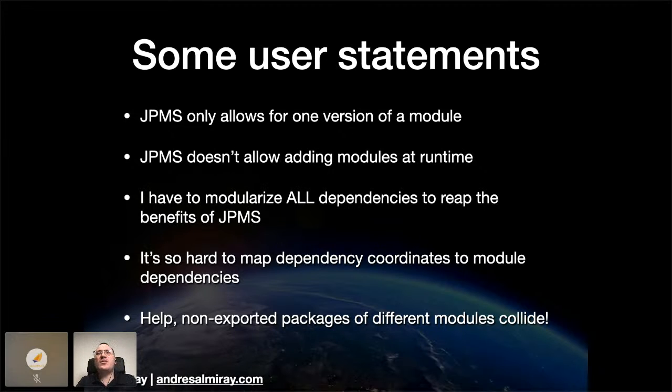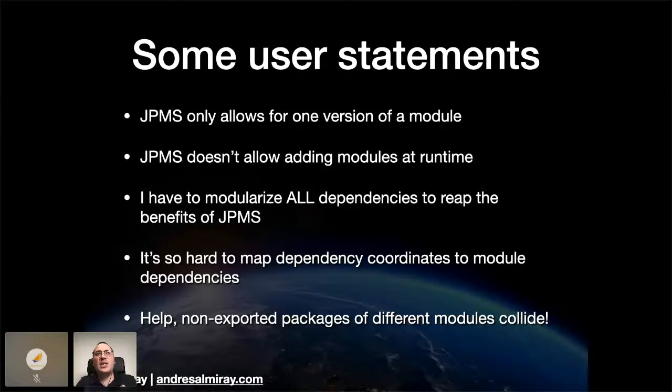Because of this, some people believe that JPMS is not really usable because the problem is, what if you have conflicting versions of a dependency? You have version 1 and version 2 that are binary incompatible, then you cannot build an application that can have those two capabilities.